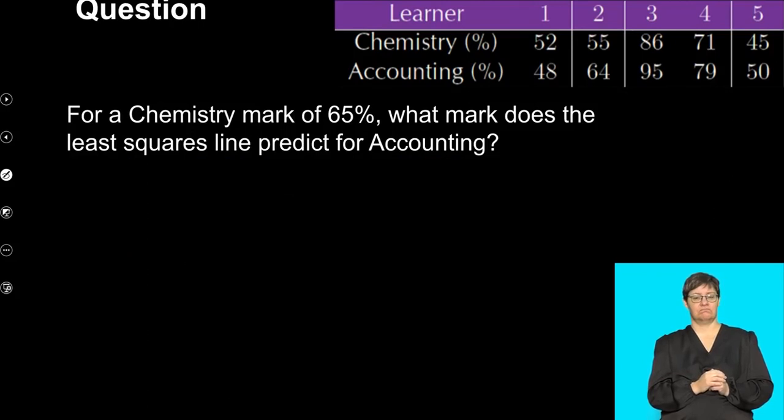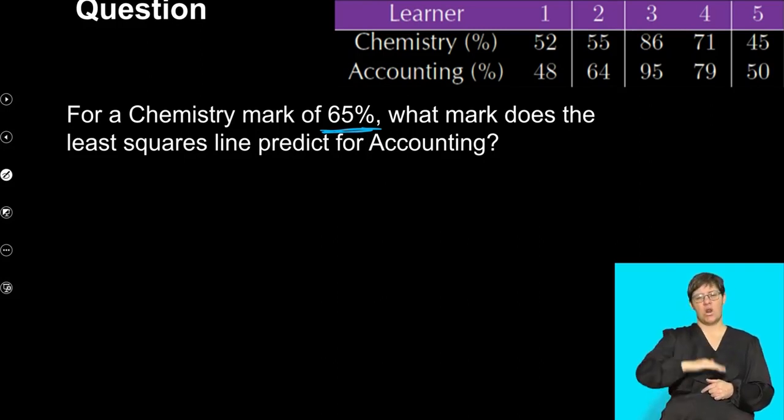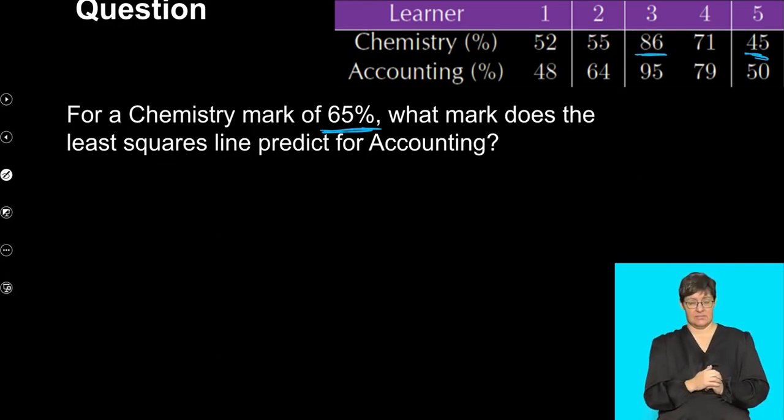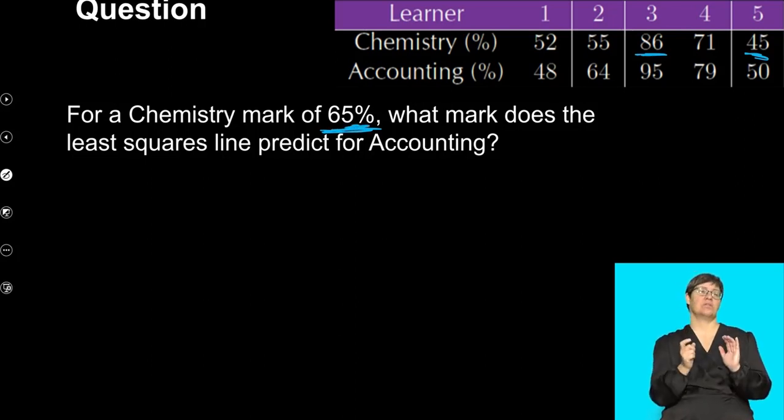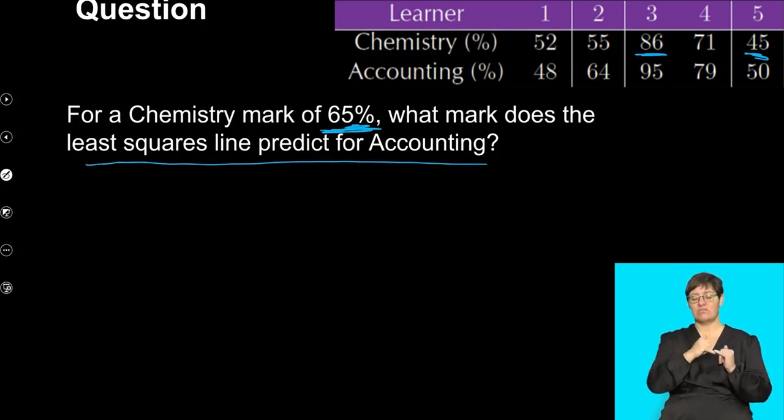So, for a chemistry mark of 65, let's assume, we have chemistry, the lowest is 45 and the highest 86, okay? So let's say for a chemistry mark of 65, what mark does the least square line predict for accounting?